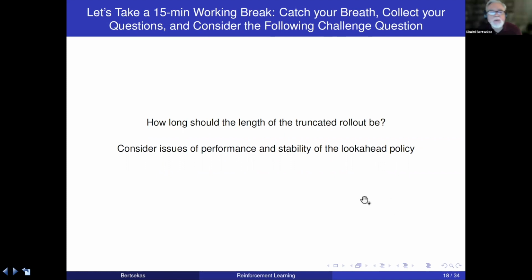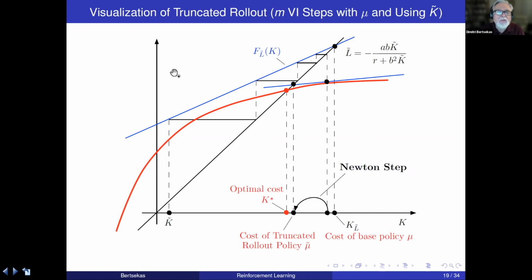Any other questions? So briefly, let's look into this issue. We have interpreted truncated rollout with m value iterations using the base policy, using this figure.